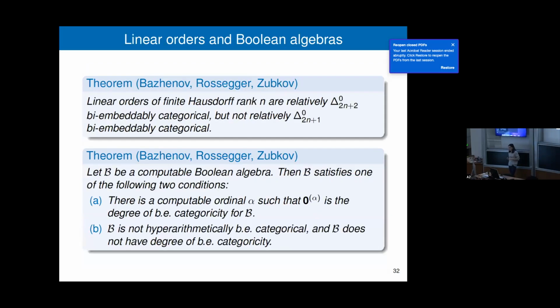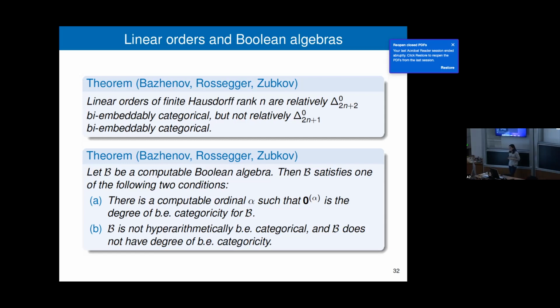Then Bazhenov, Rossegger, and Zubkov looked at higher levels of BE categoricity for these classes of structures. In particular, they showed that we have a hierarchy of this BE categoricity: linear orders of finite Hausdorff rank n are relatively delta 0 n plus 2 BE categorical, but not relatively delta 0 n plus 1 BE categorical.